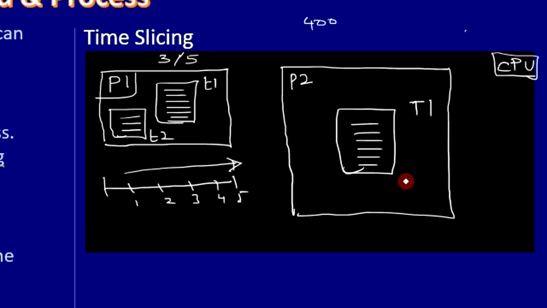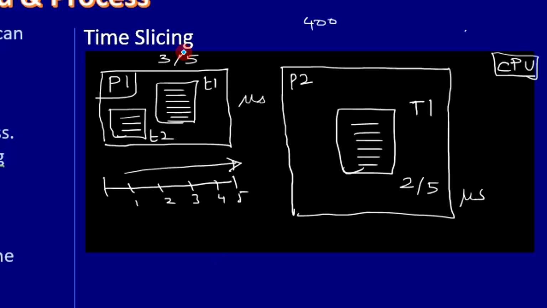And process P2 gets a time slice of 2 out of 5, let's say microsecond or even nanosecond, because CPU instruction set execution is quite fast. So just for example, I took it as a microsecond. So 3 out of 5 microsecond is given to process P1 and 2 out of 5 is given to process P2, that has one thread.